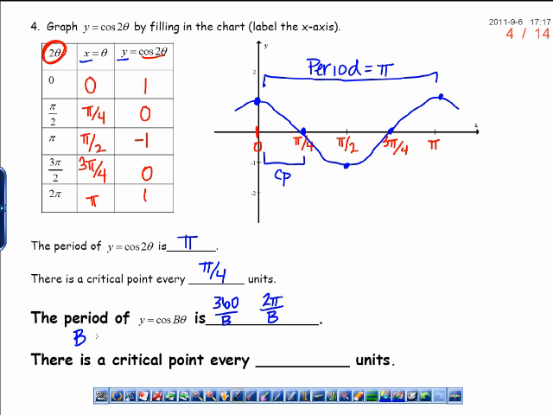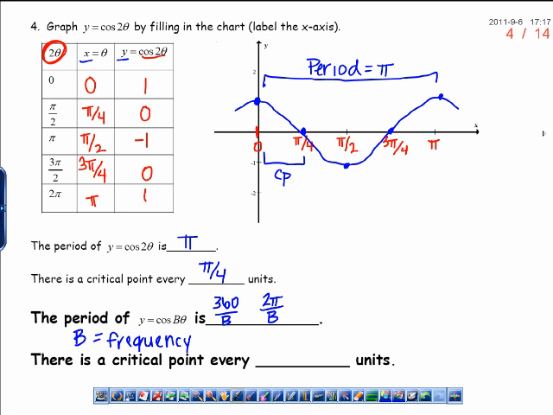B is something else called the frequency. I'm going to briefly explain what that means with this last example. If 2 is the frequency, it means that there are 2 cycles where there once was only 1. So if I were to continue graphing this, how many cycles would I have if I graphed it all the way out to 2 pi?